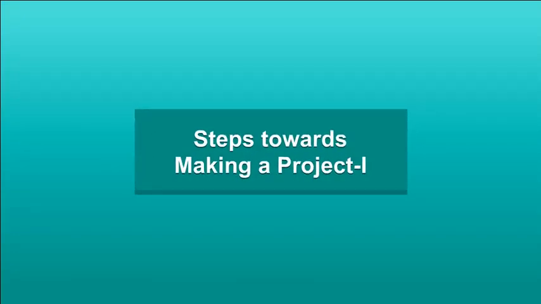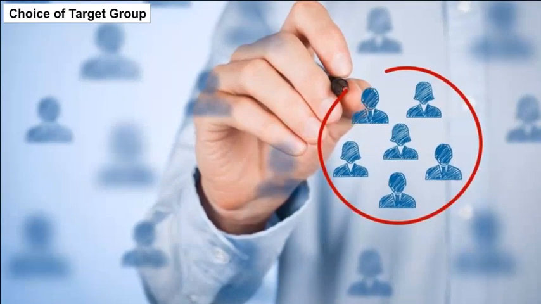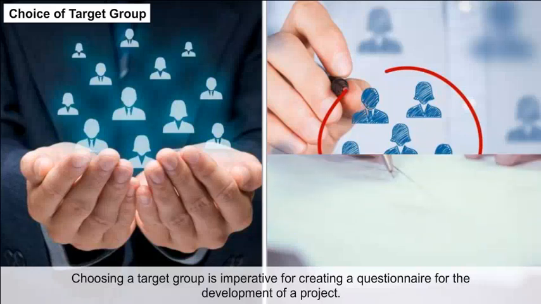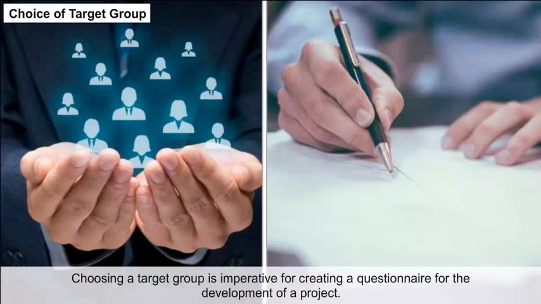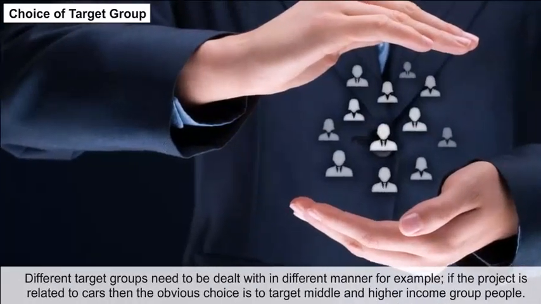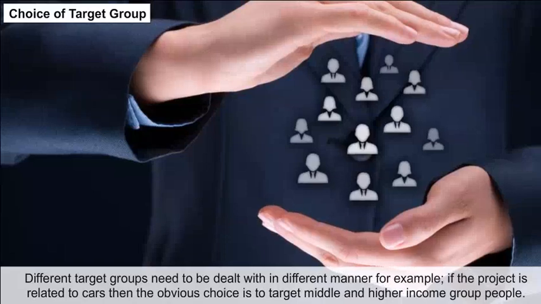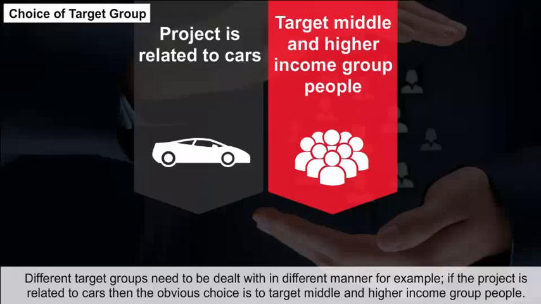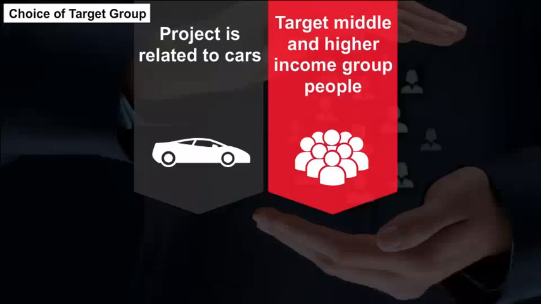Choice of target group. Choosing a target group is imperative for creating a questionnaire for the development of a project. Different target groups need to be dealt with in different manner. For example, if the project is related to cars, then the obvious choice is to target middle and higher income group people.